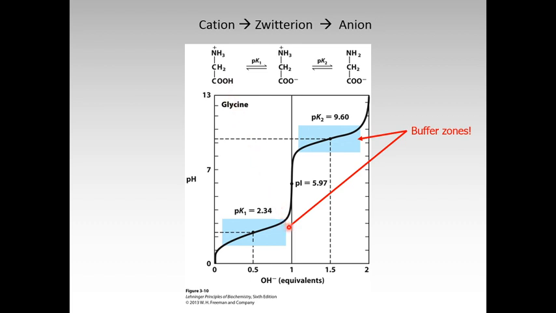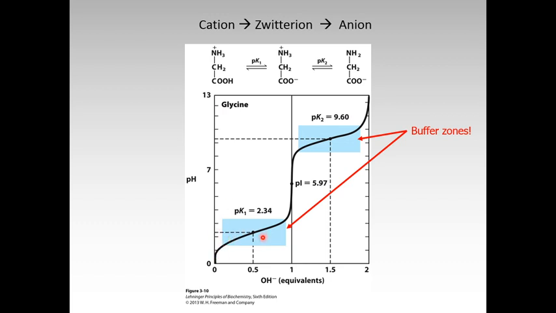In the first stage of the titration, the carboxylic group of glycine loses its proton. So this is the proton donor in this case. And as we increase the OH minus concentration, the carboxylic acid loses its proton, and at the midpoint of this stage, equimolar concentrations of the proton donor, which is this, and the proton acceptor, which is this group, are present.